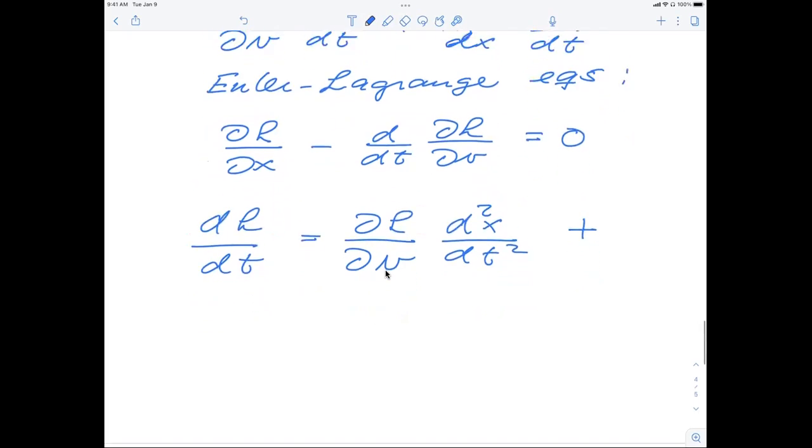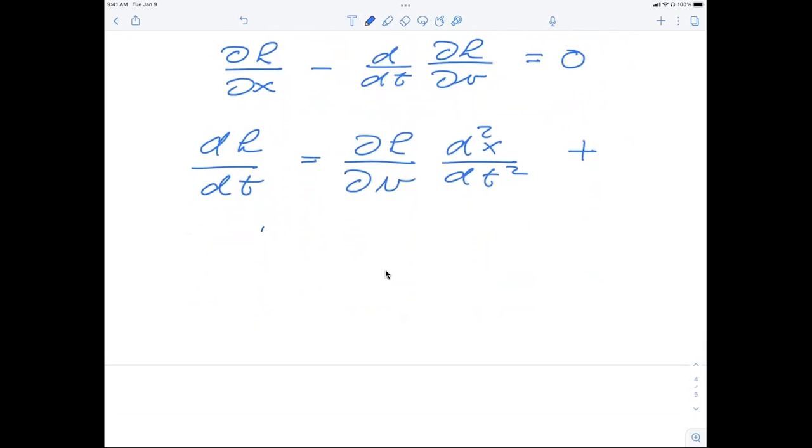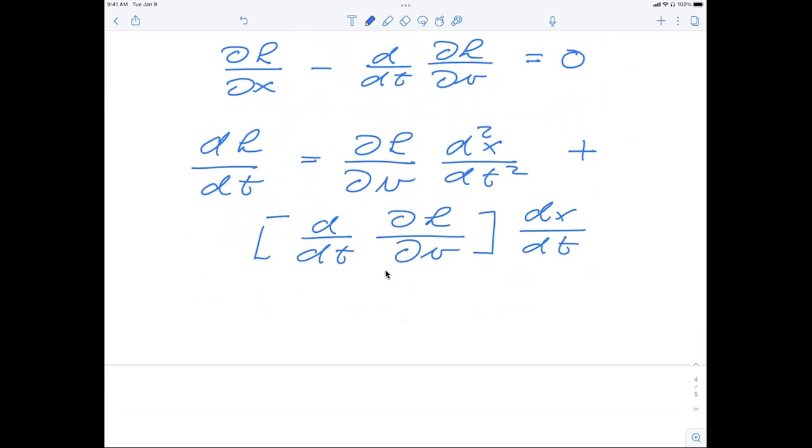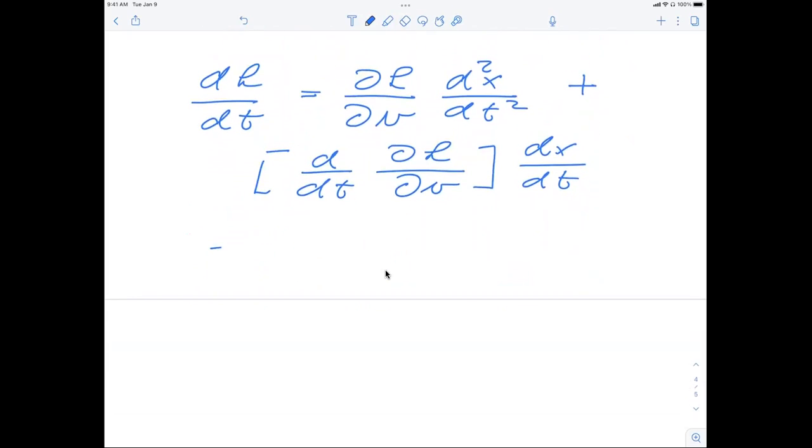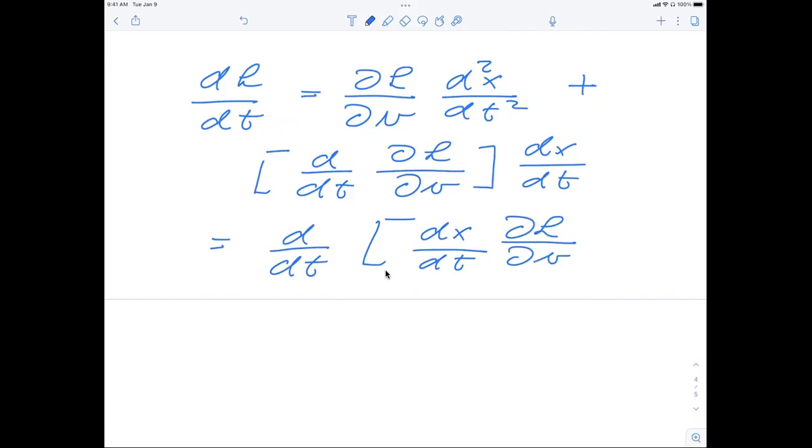If I do that, we get a new term, which simply goes like d/dt of ∂L/∂v, multiplied with dx/dt. Now, if I collect these terms, you can easily see that you can rewrite this in terms of a d/dt of x-dot times ∂L/∂v.